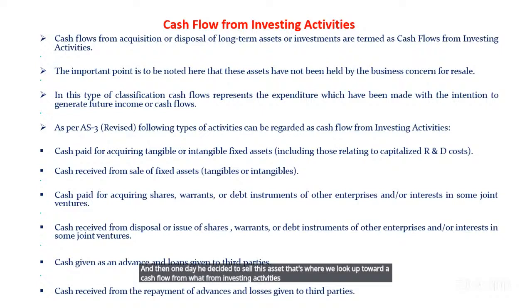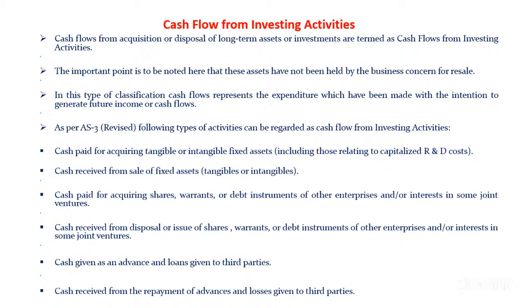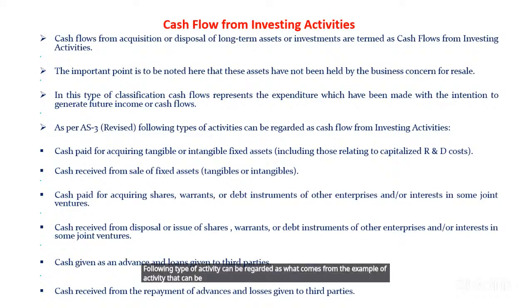In this type of classification, cash flow represents the expenditure made with the intention to generate future income or cash flows. I've explained this. As per AS3 revised, that is one of the accounting standards, the following types of activity can be regarded as cash flow from investing activities.